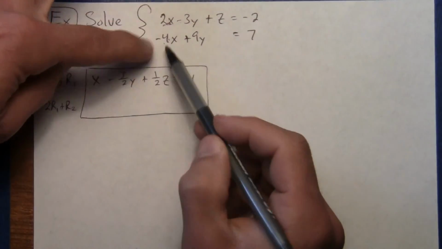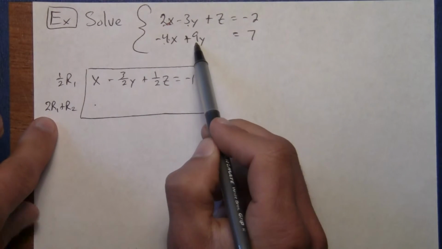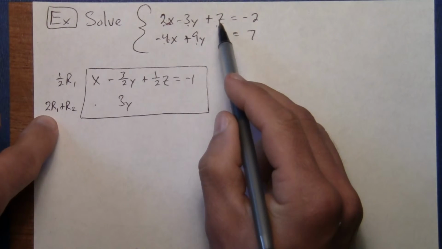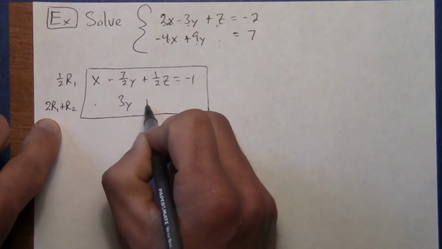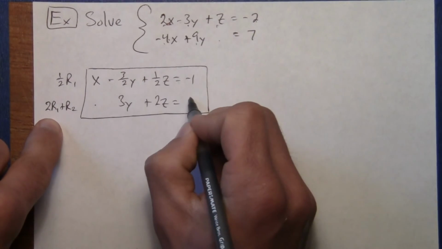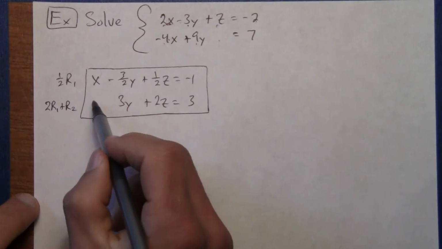So that gives me 4, -4, or 0. That's going to give me -6 plus 9, so 3y. That would give me 2z plus 0, or 2z. And that will give me -4 plus 7, or 3. All right. I've got the 1 here. I got rid of this.